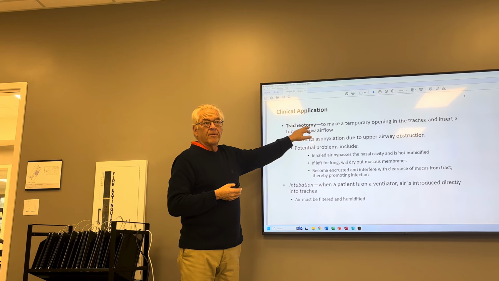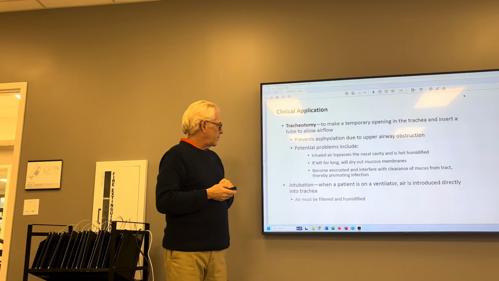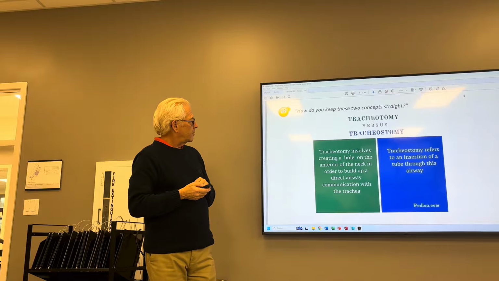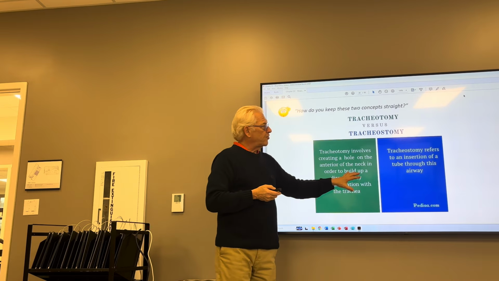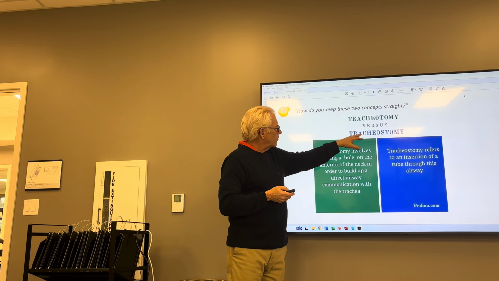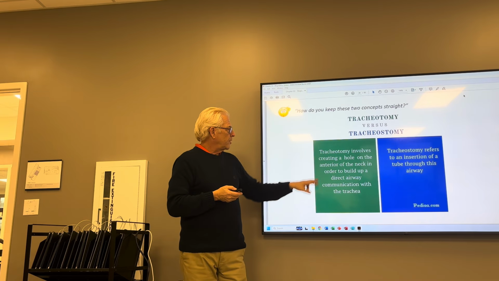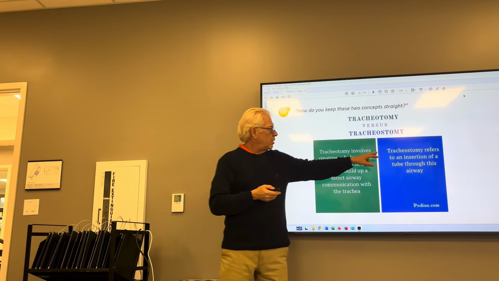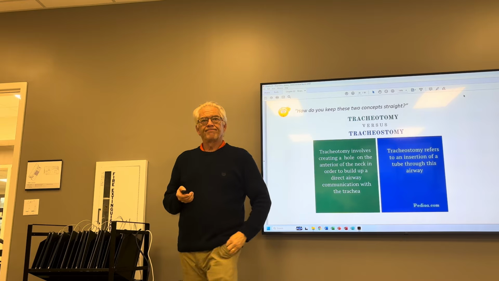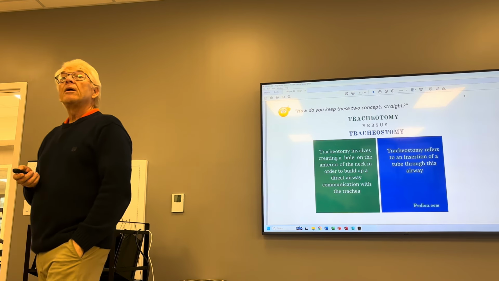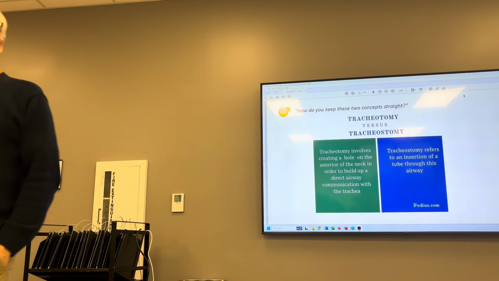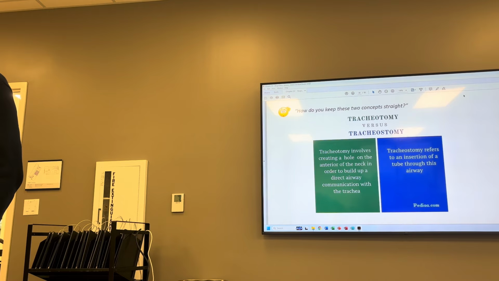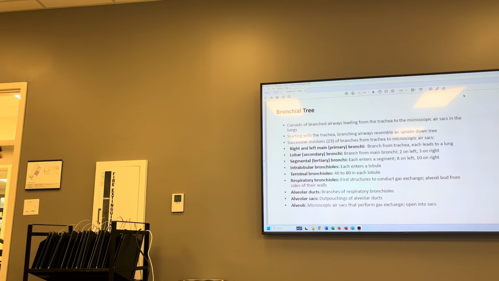Anatomy means to cut somebody up. All right? So that's why I found this online. Tracheotomy versus tracheostomy. Creating the hole, inserting a tube. Okay? You'll not be making the hole, but you'll be cleaning the trach tube. Does that make sense? So you've got to be aware of these terms.